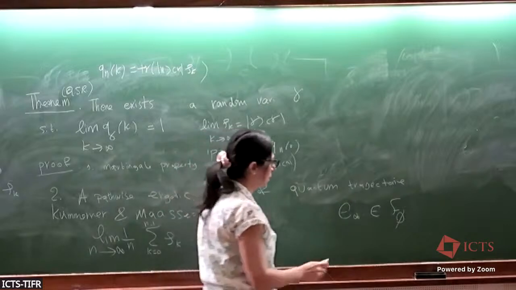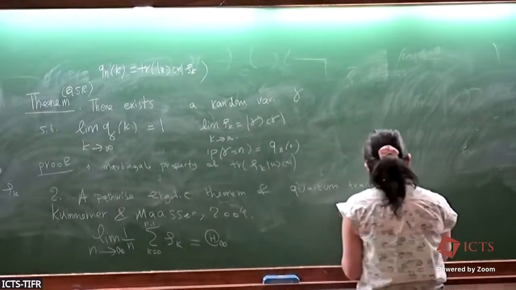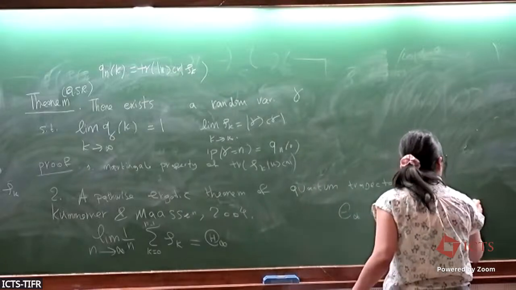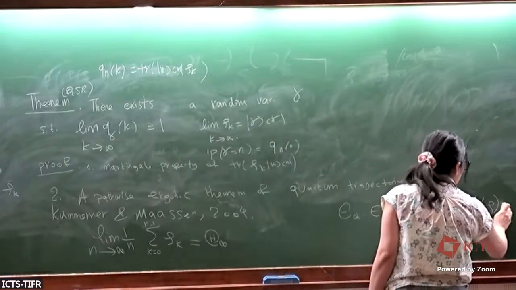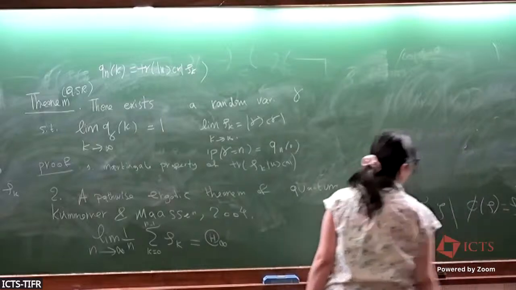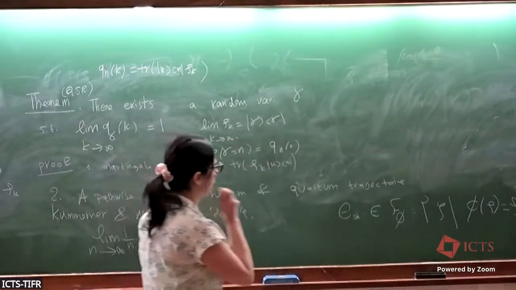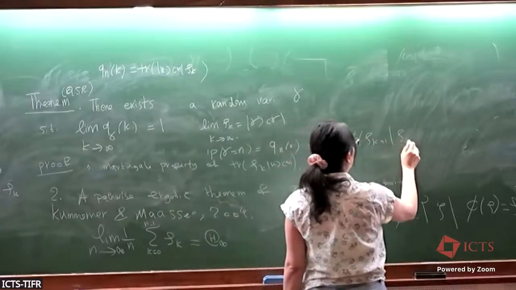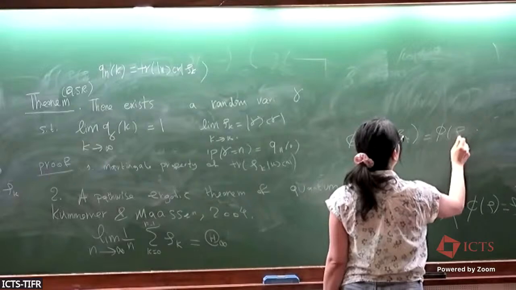So what is the fixed point of the average? In fact, it contains the set of rho such that phi of rho, so the channel, is equal to rho. So the average, in fact the expectation of rho k plus 1 knowing rho k, is given by phi of rho k, right?